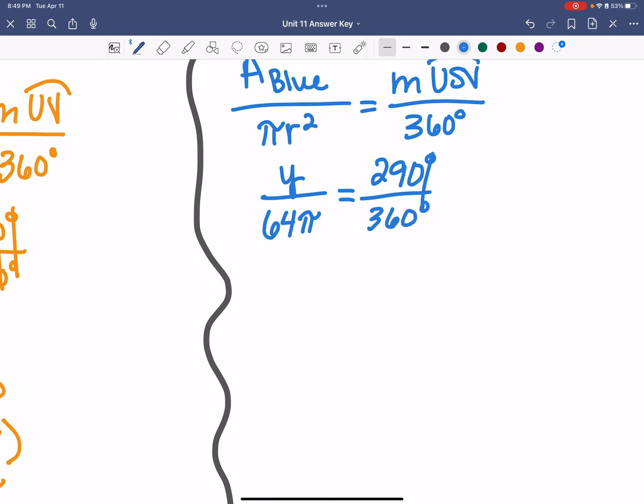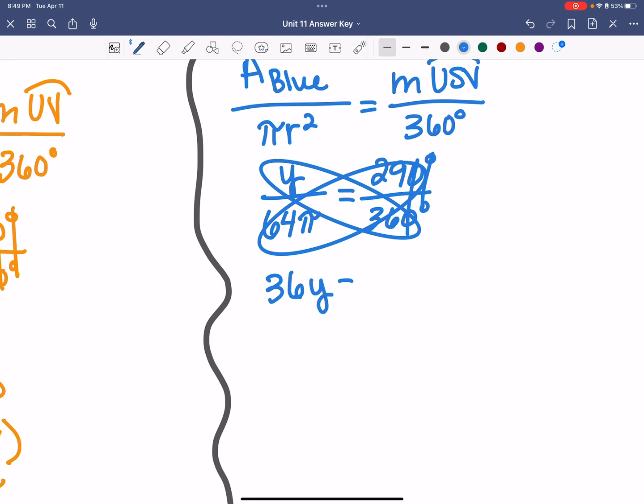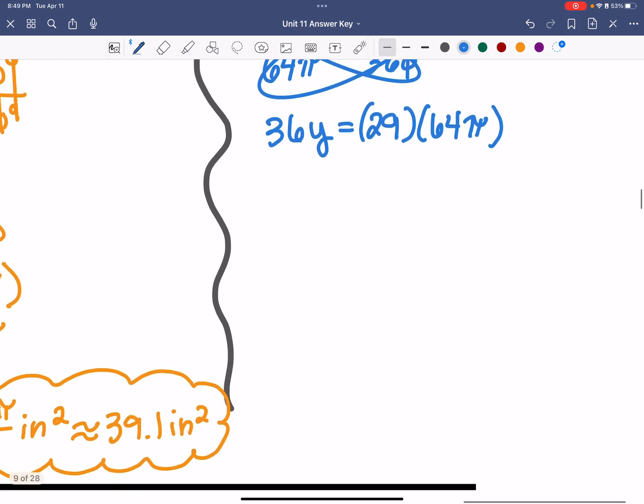That gets rid of my degree signs and my zeros here, so I have 29 over 36. I can cross multiply with those numbers. So I get 36y to equal 29 times 64 pi, which gives me 36y to equal 1,856 pi.